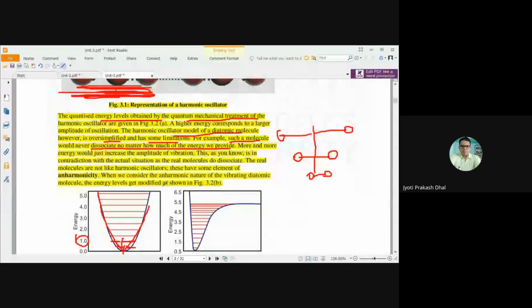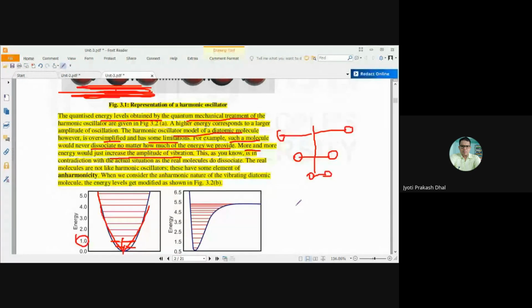That means, according to that, the molecule will never dissociate. But in the actual case, when more and more energy is supplied to increase the amplitude of the vibration, then at some highest energy state, the molecule will break, or the bond will break. When the bond breaks, the two atoms will be separated, and that will give rise to atomic spectra. Here we are discussing molecular spectra.